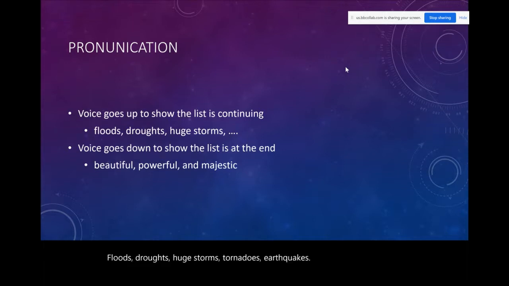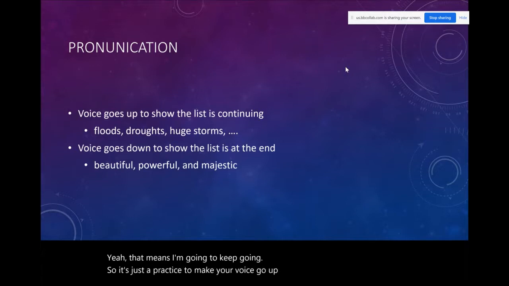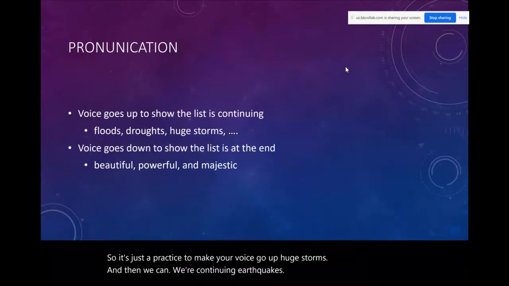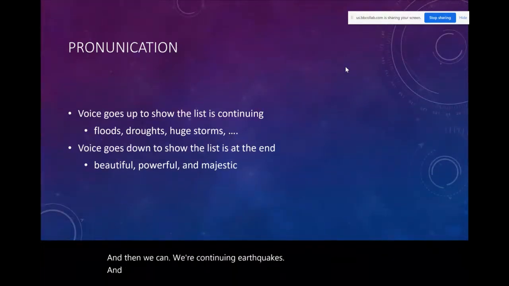That means I'm going to keep rolling. Teacher, it's just a practice to make your voice go up. Huge storms, and then we're continuing, like earthquakes and tornadoes. Tornadoes. That means I'm done. I'm finished because my voice went down with tornadoes.